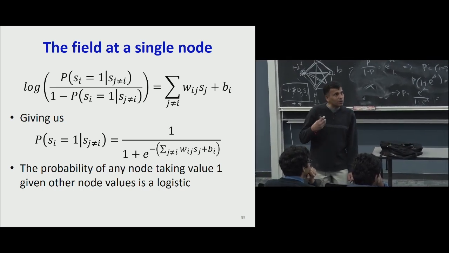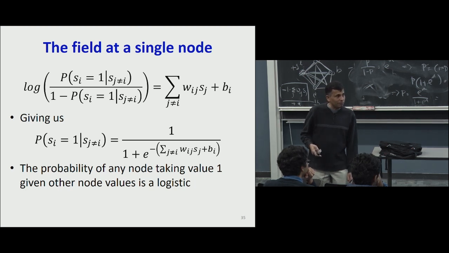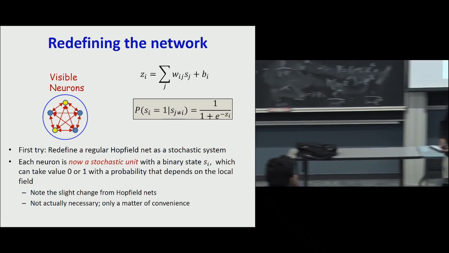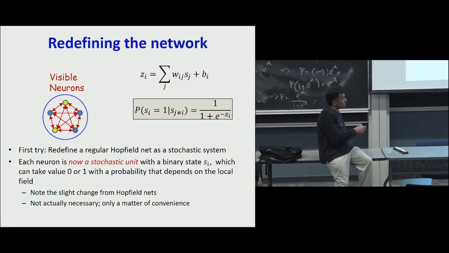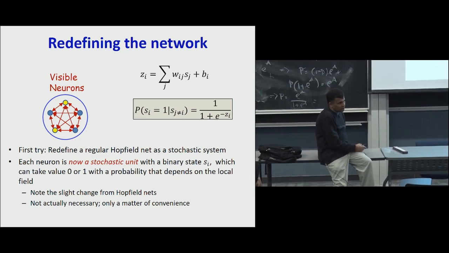So this very complicated looking bit of arithmetic ended up giving you something very, very familiar, right? And so basically for every one of our neurons, you compute the field at the neuron, and the probability of finding the neuron in state 1 is given by the logistic computed over the field.